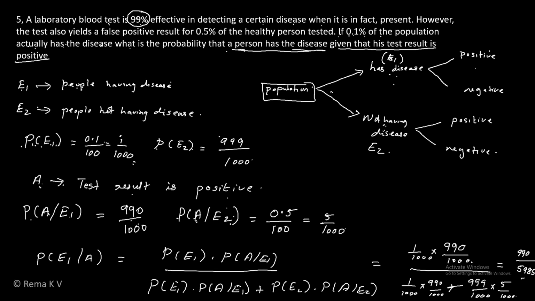990 divided by 1000 into 1000. Here also the denominators are same, so it will get cancelled. Here numerator 990 plus 999 into 5. So it will become 5985, I think.